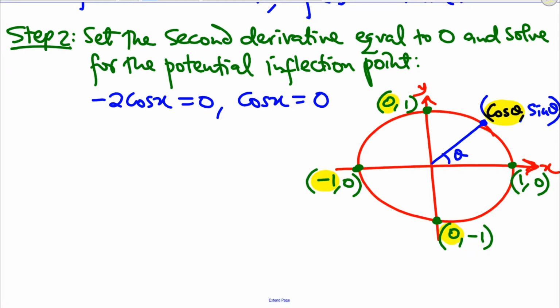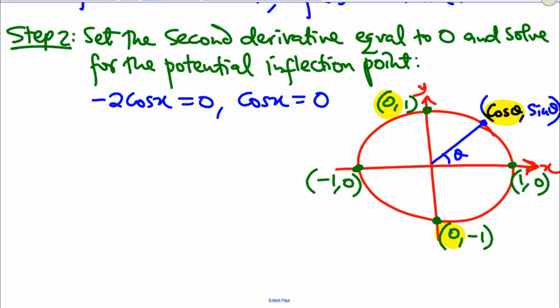Now, if you want to find the values where cos x is equal to 0, we can go back on our diagram and just highlight them. Where cos x is equal to 0, it's here and here.